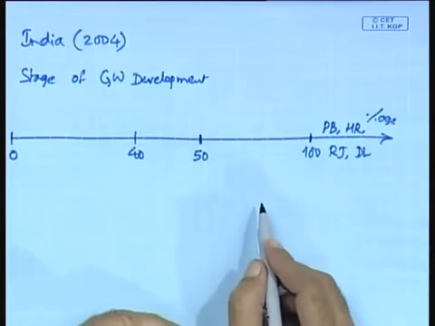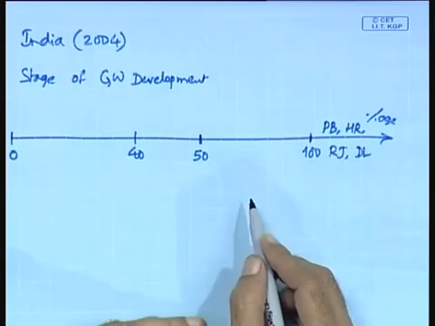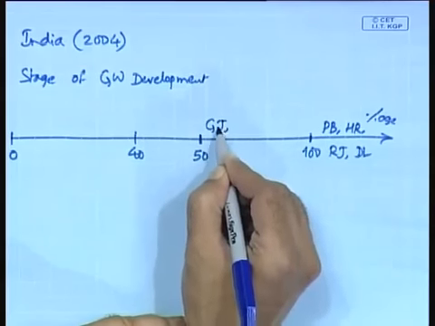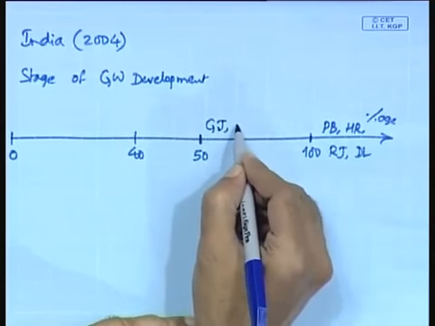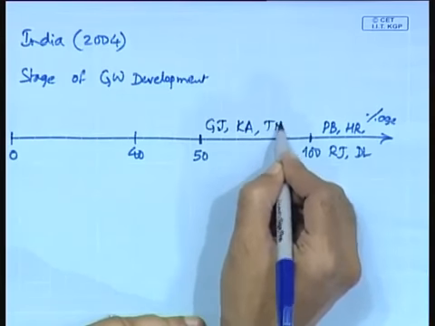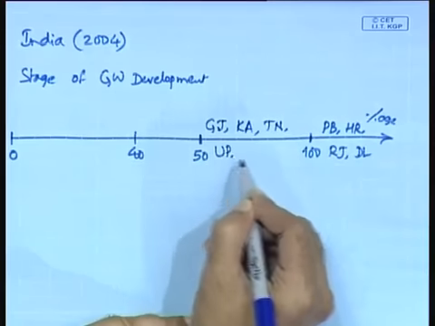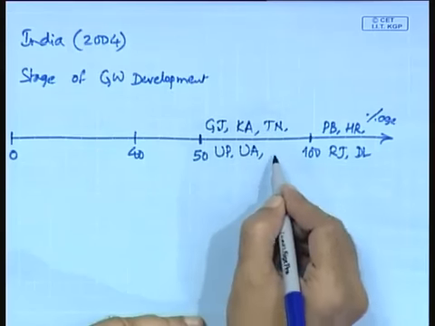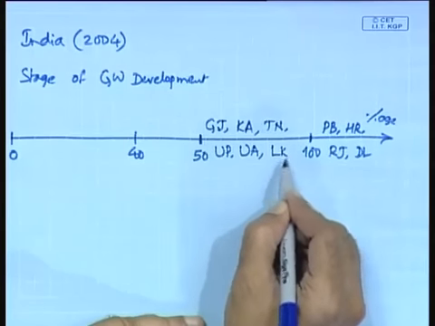And between 50 and 100%, we had Gujarat, Karnataka, Tamil Nadu, Uttar Pradesh, Uttarakhand and Lakshadweep.